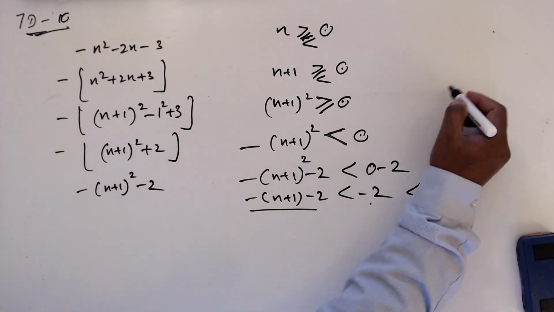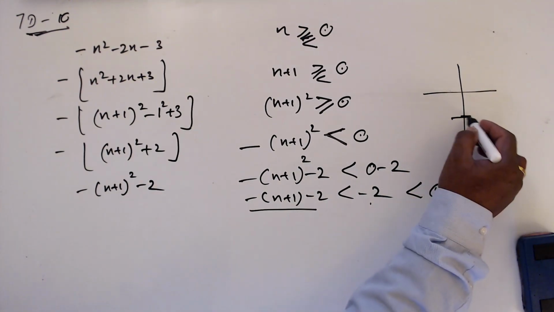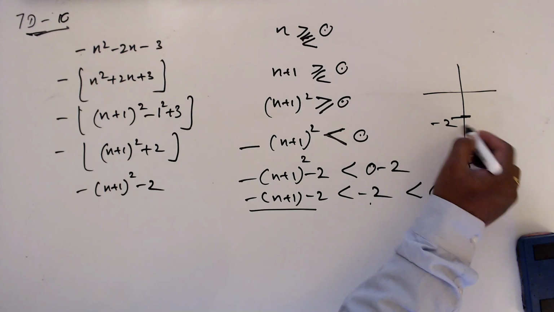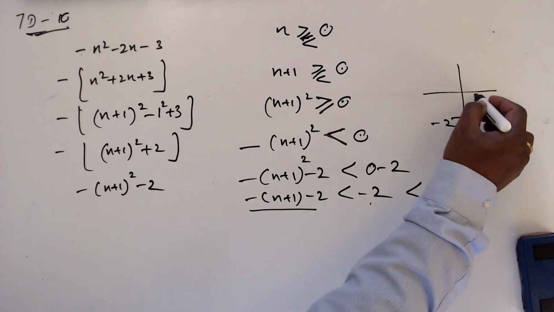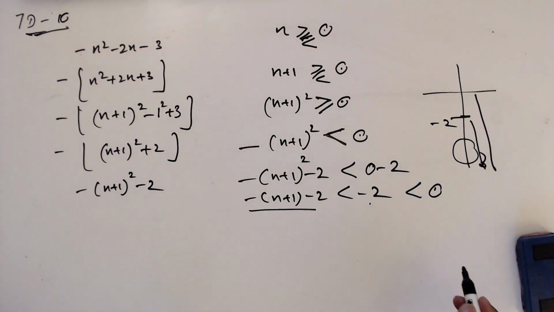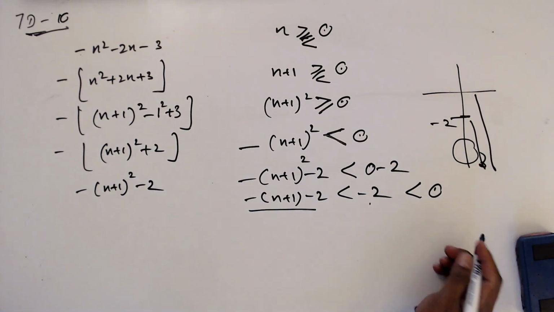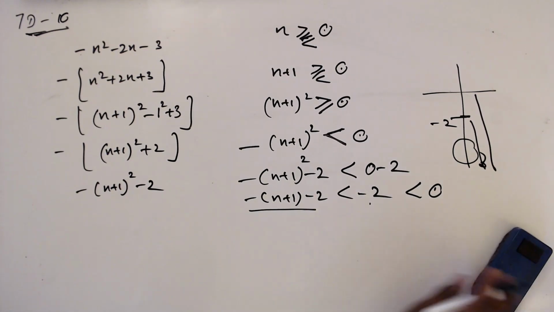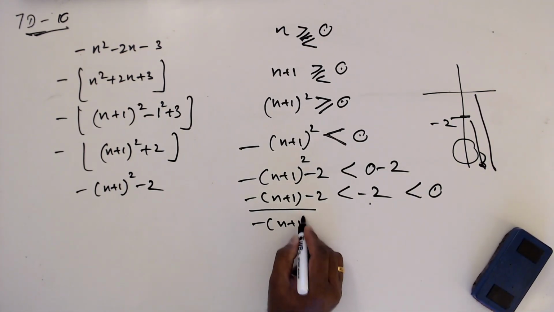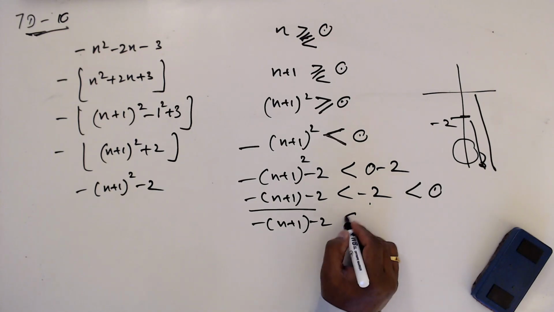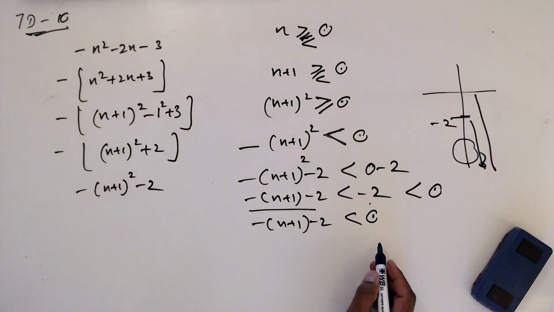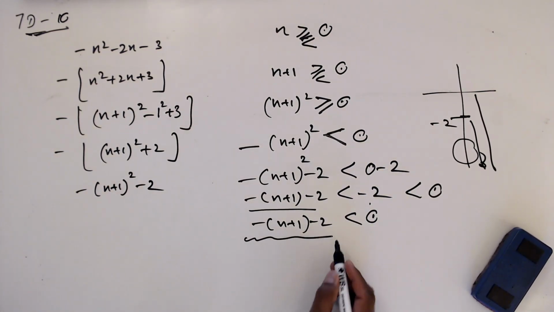When you look at this, if some value is less than minus 2, it is definitely less than 0, because 0 is much above. So hence minus (n plus 1) squared minus 2 is less than 0. It means this value is negative for all the values.